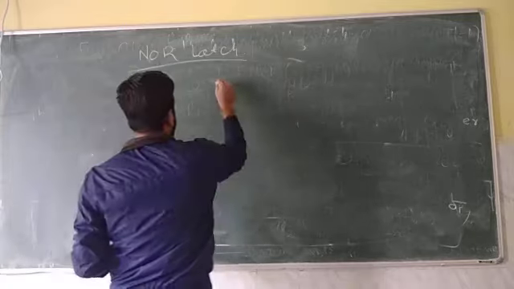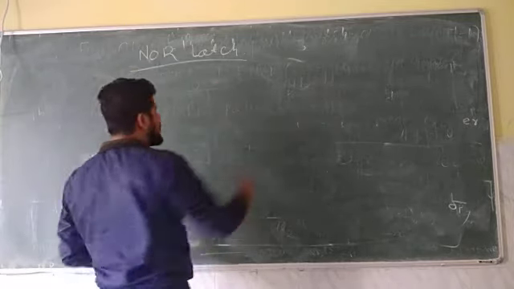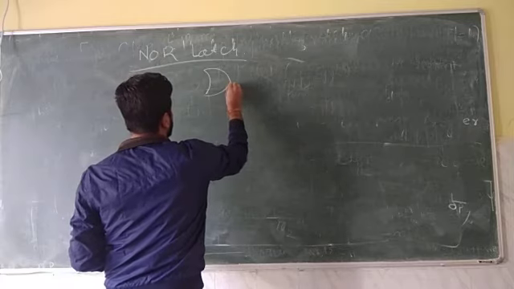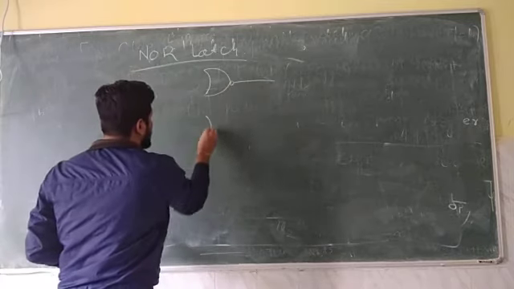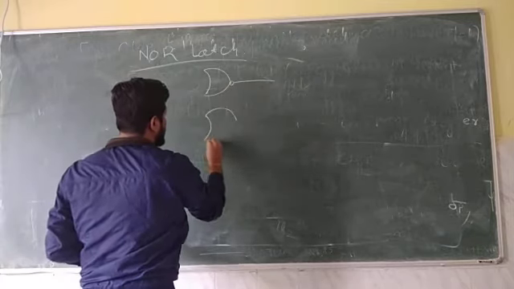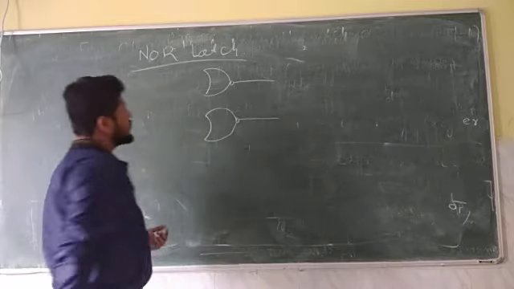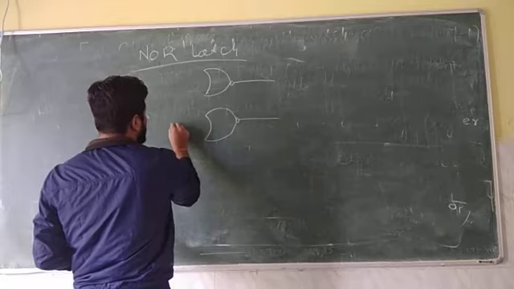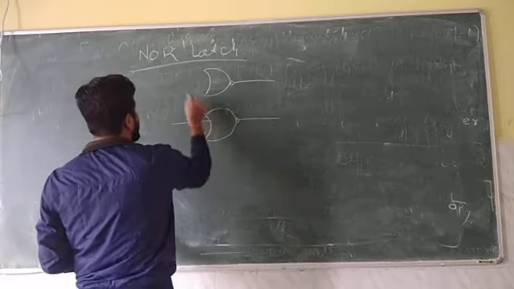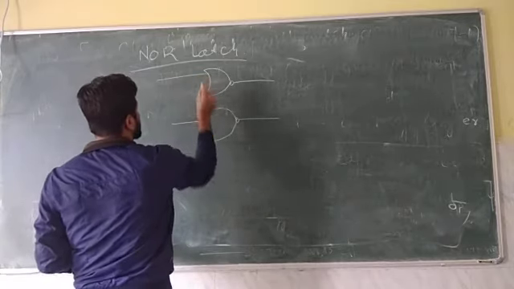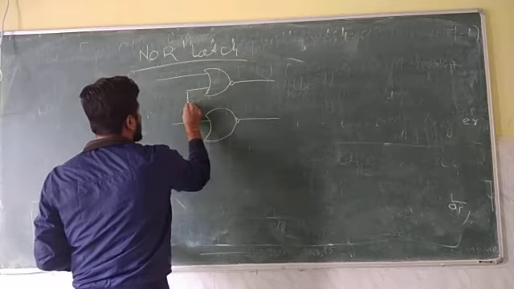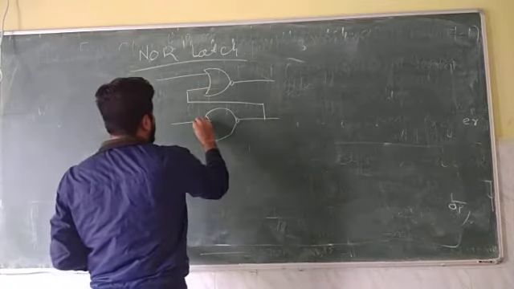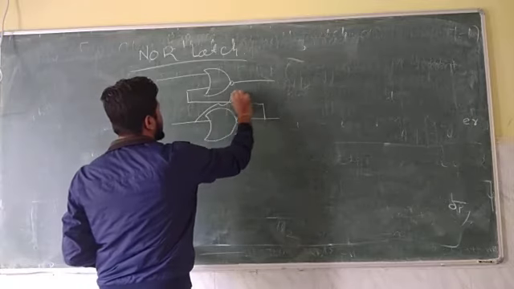So how will the circuit look? Just like the NOT gate, here I am going to use NOR gate. See it step by step. You have to construct like this. These are two NOR gates.